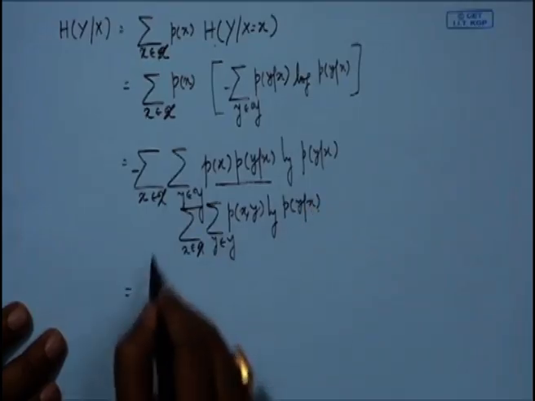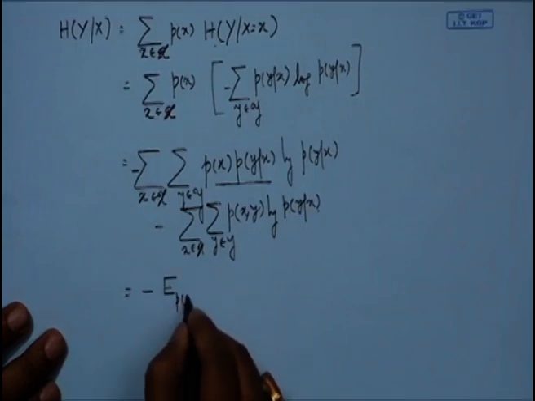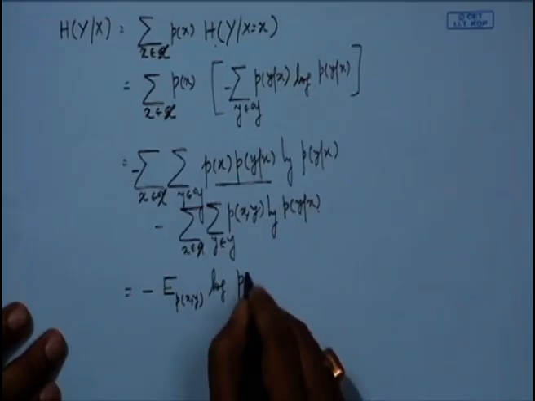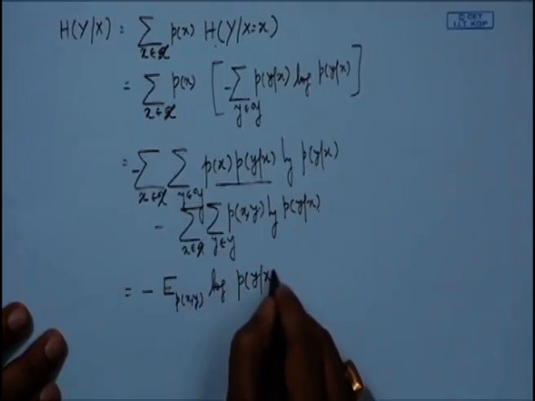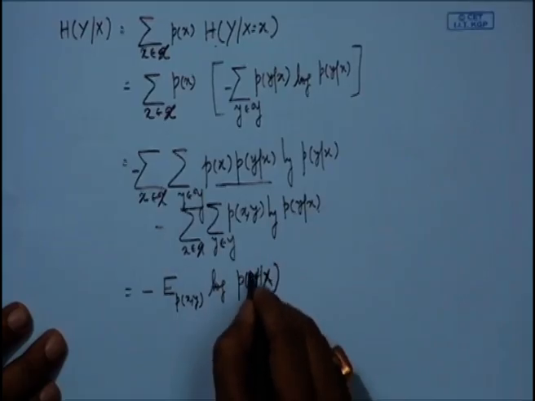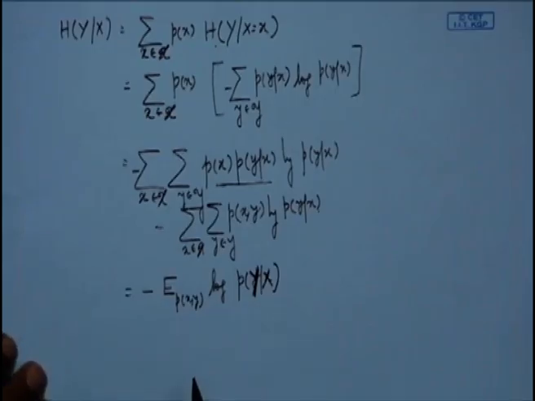So this you could also write as minus the expectation over the joint distribution of x and y of log p(y|x), right. So this is what we could write.